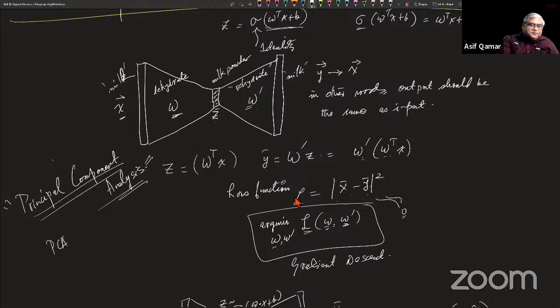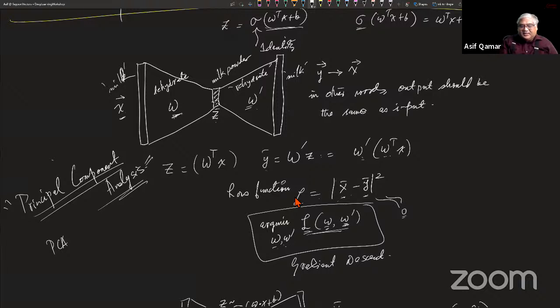Now, in an autoencoder, in the simplest form, whatever you give, you expect to come out. And so your loss function is the gap between what you fed in and what you got out. So that's your basic autoencoder. You can write it by saying, if this is your loss function, you're looking for the argmin of W, W prime such that the loss function gets minimized.